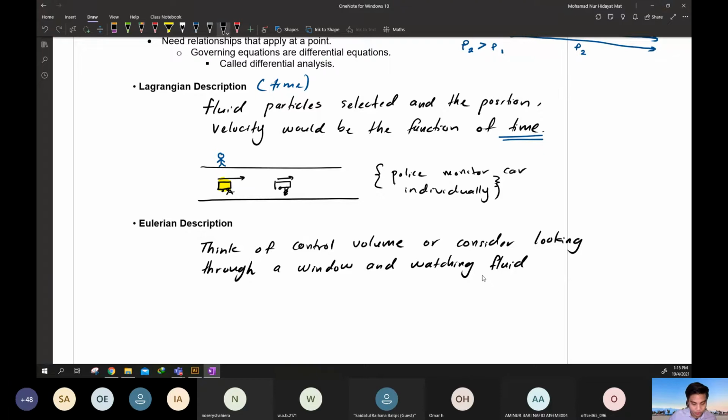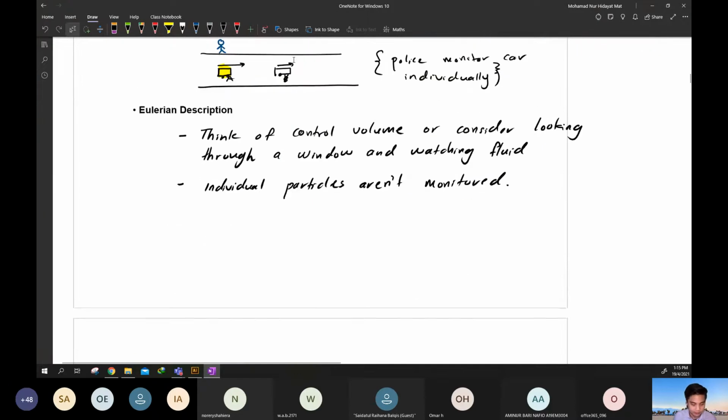Okay, so here the individual particles are not monitored. That means we are not monitoring individual particles. What does the Eulerian actually measure?